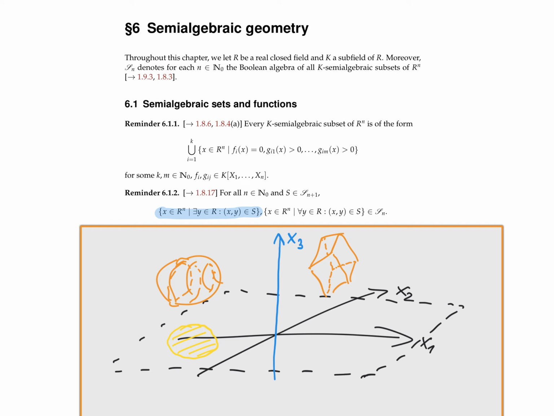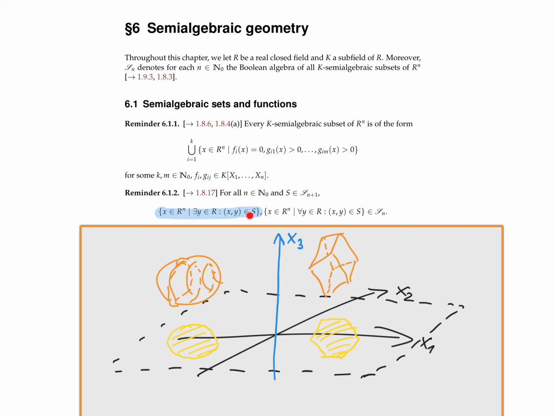Maybe, I don't know actually if it's possible, but let's say it could be a hexagon. Probably that's possible, even with high probability, maybe it's a hexagon. So that's for projection.